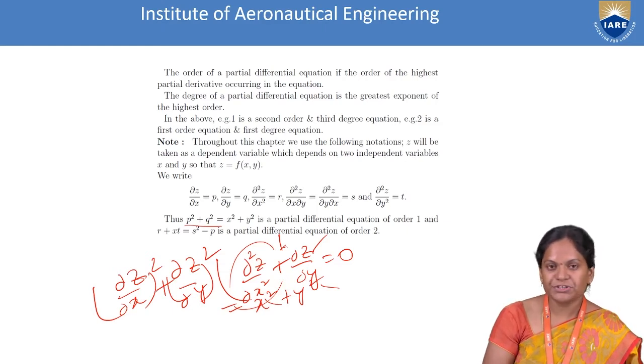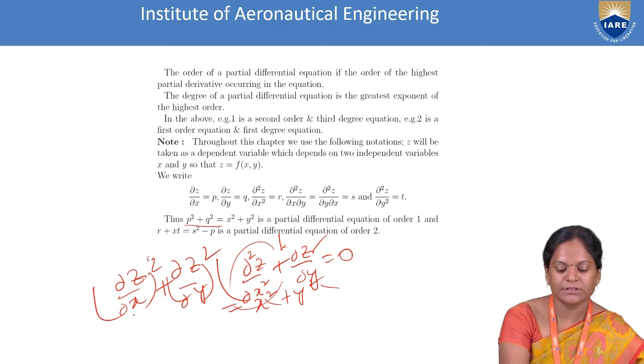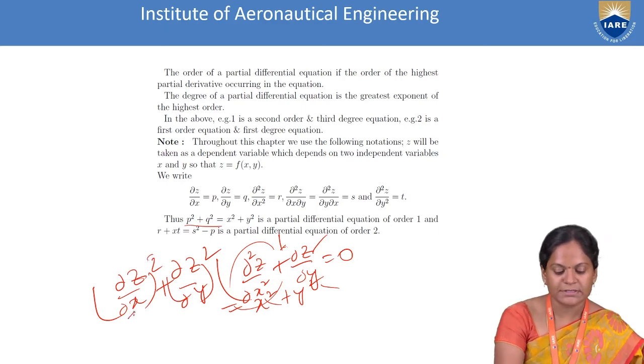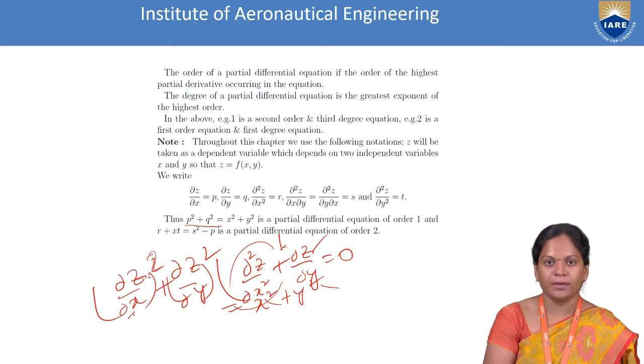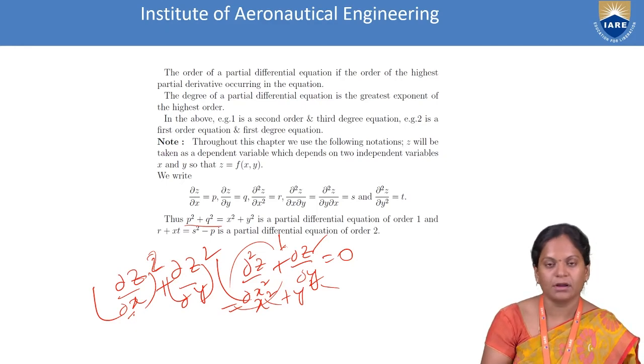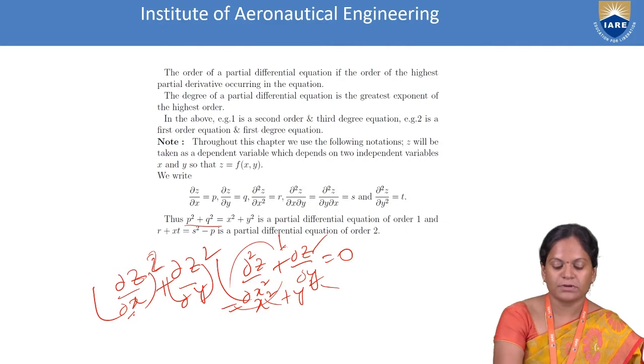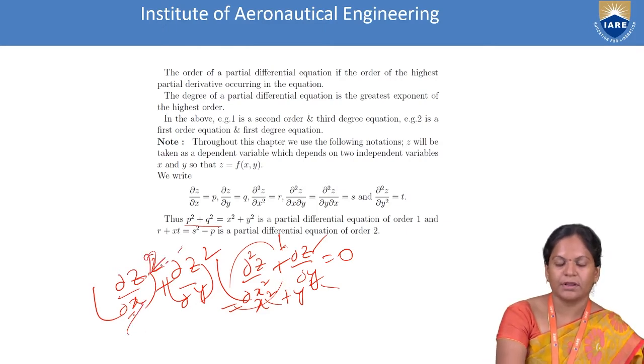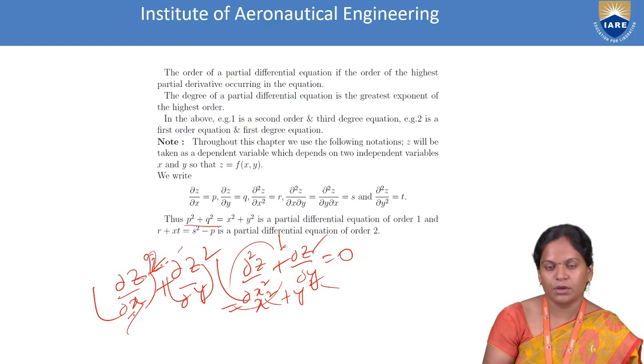So the equation is first order, and the power is 2, so it is a first order and second degree partial differential equation. ∂z/∂x and ∂z/∂y are first order derivatives and their powers are 2, so this is a first order second degree partial differential equation.